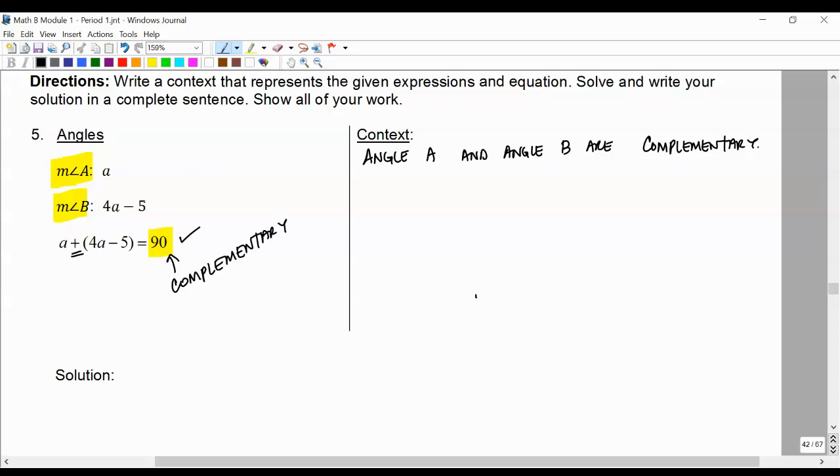All right, now we're going to talk about, this might be the trickiest part, angle B in reference to angle A. Angle B is, and it's backwards, so we need to say 5 less first, even though it happens at the end. 5 less than 4 times angle A. What are the measures of the angles?